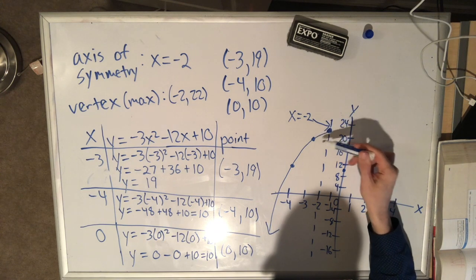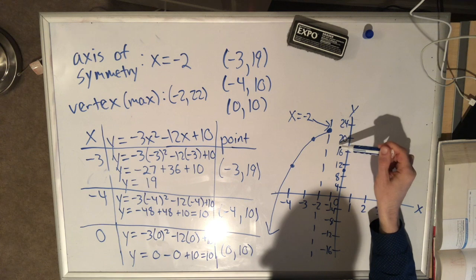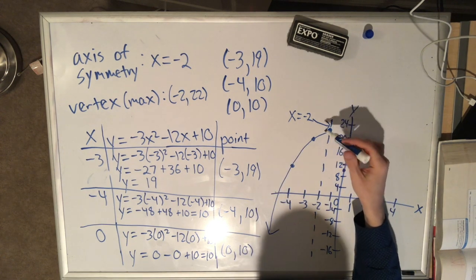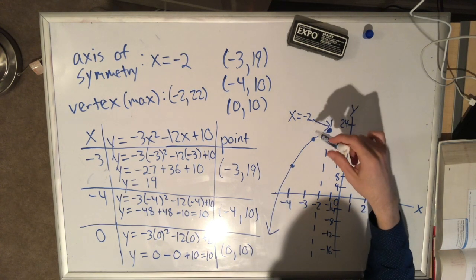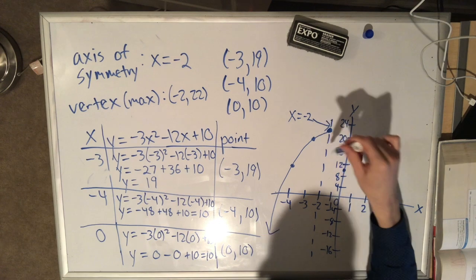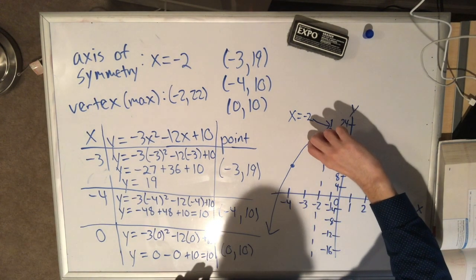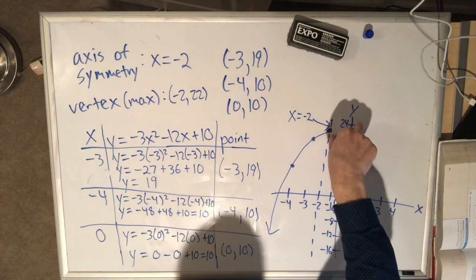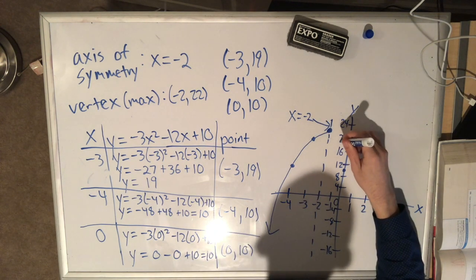So each point in the left half of the parabola gets reflected on the dotted line. So let's take the point -3, 19, which is 1 to the left of the dotted line. Reflecting it, we get a point 1 to the right of the dotted line. So that's going to be the point -1, 19, right there.